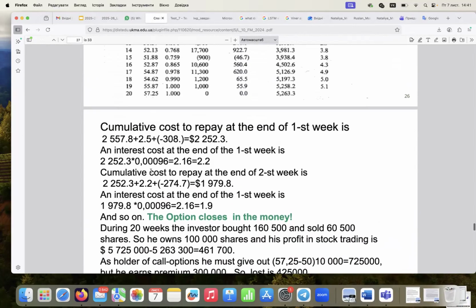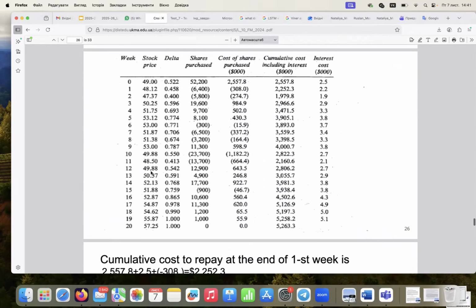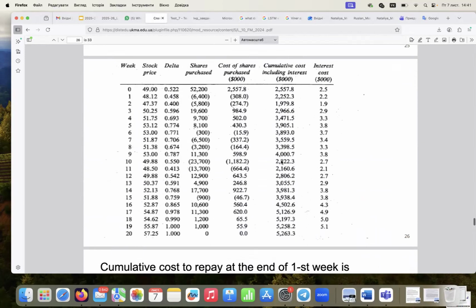This profit is on stocks, but what is the cost for this hedge? You remember that we didn't have our own money, so it was our debt, and our debt was less or more at times, and at the end of 20 weeks it is our debt.